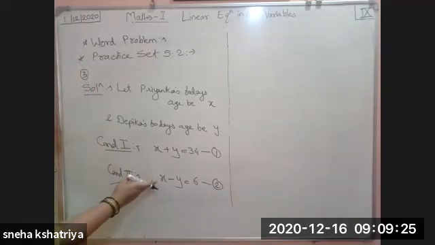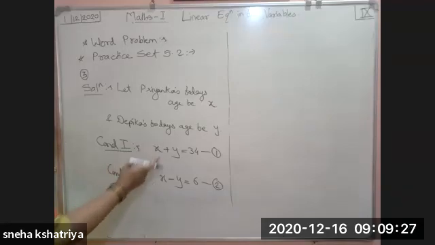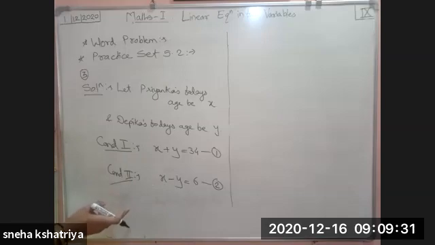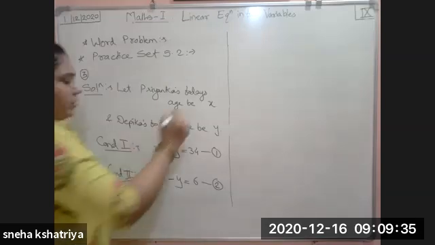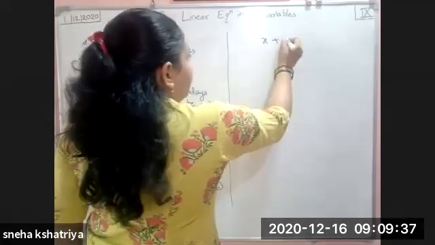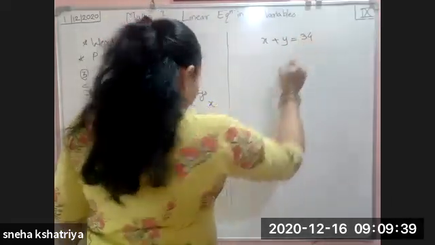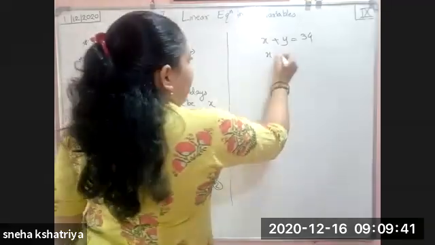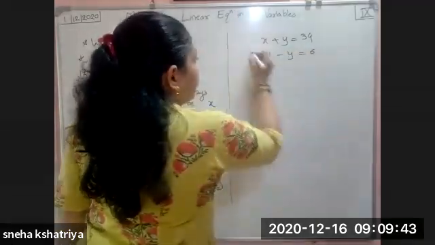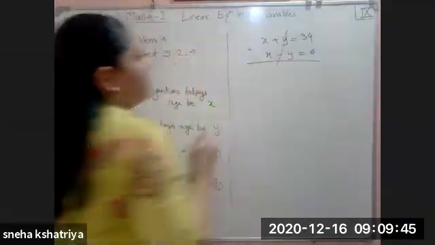This is the second equation. We can say add both the equations. So plus y and minus y get cancelled, and we get the value of x. So x plus y is equal to 34. X minus y is equal to 6. Add both the equations.